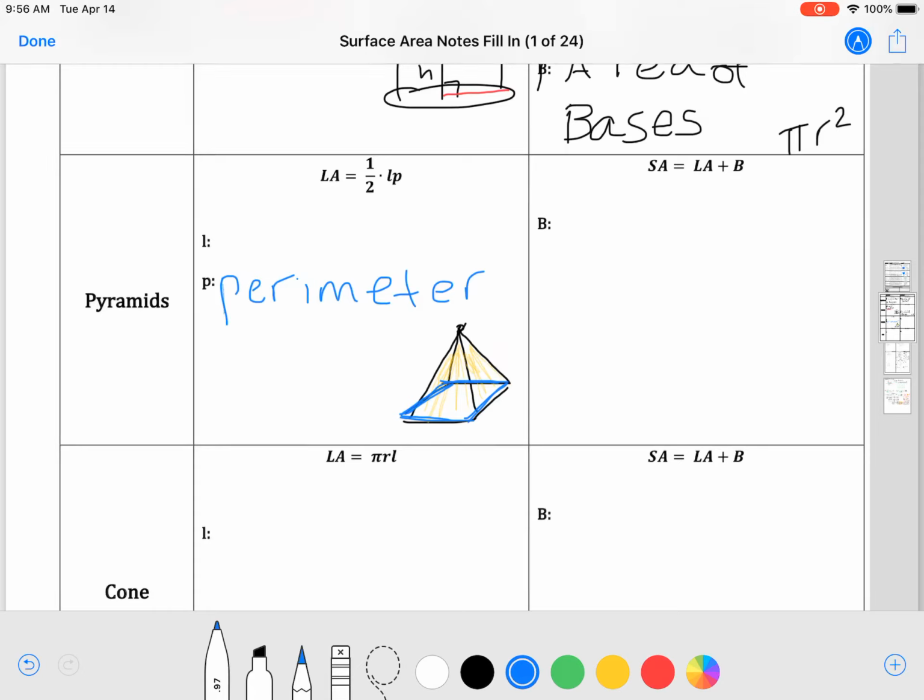So there's that nice perimeter. Then I want L, and L is something that is really interesting. L is this length from the top of my pyramid to the base, and it is the perpendicular line. So it doesn't matter which one you choose. You could choose this one. You could choose that guy right there.